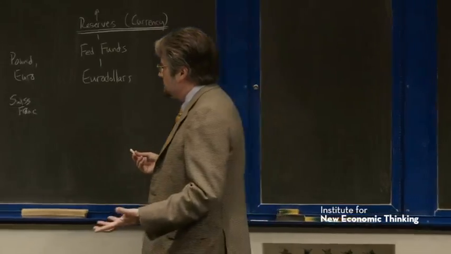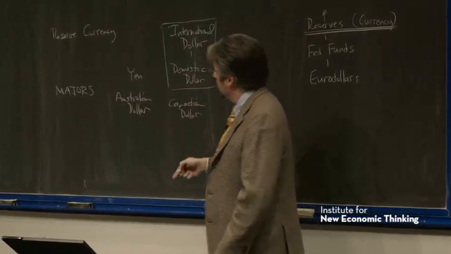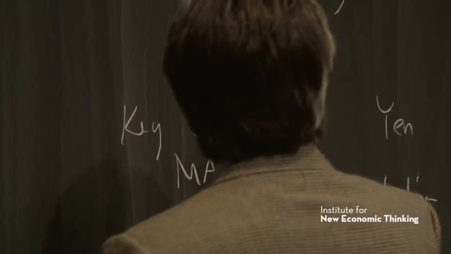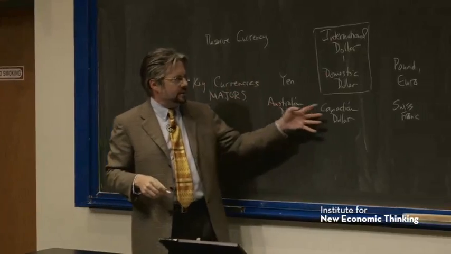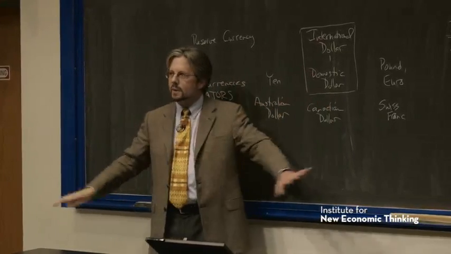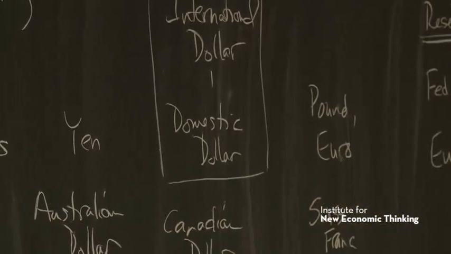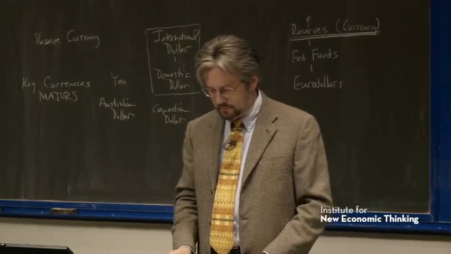So this is a hierarchical system with the dollar at the top, a bunch of other significant key currencies, these four here, okay, and then some significant currencies here, and then a whole bunch of others. So it's pretty clear just from the volume that it's a hierarchical system.